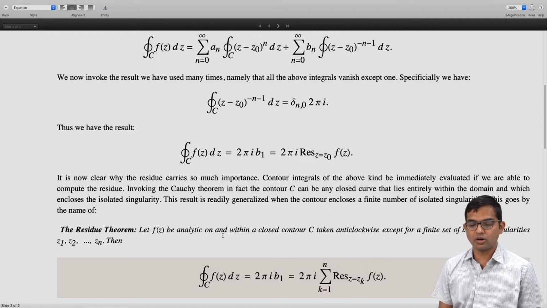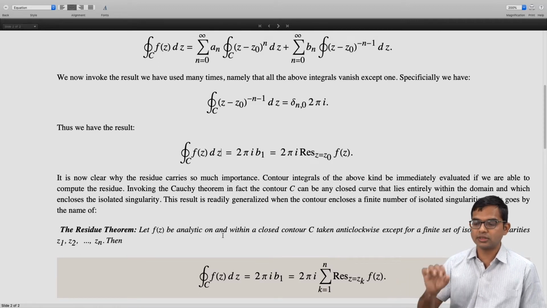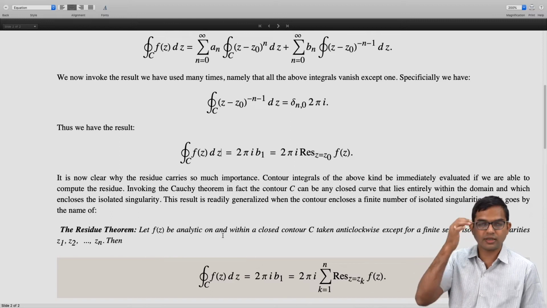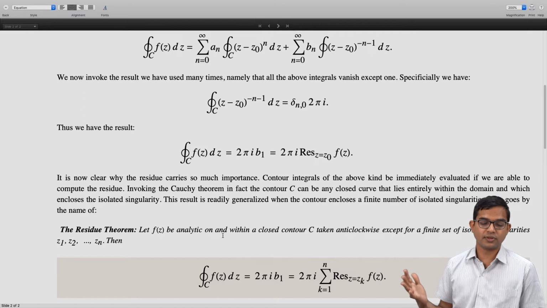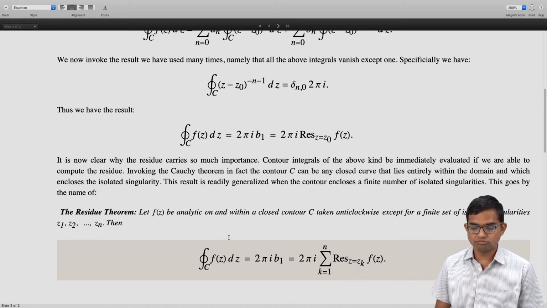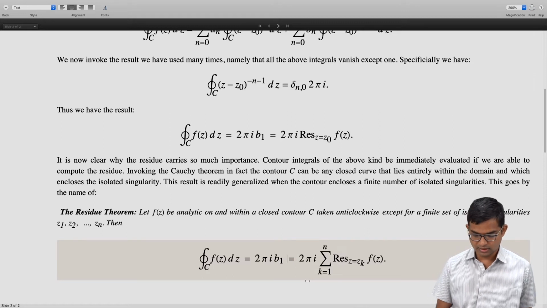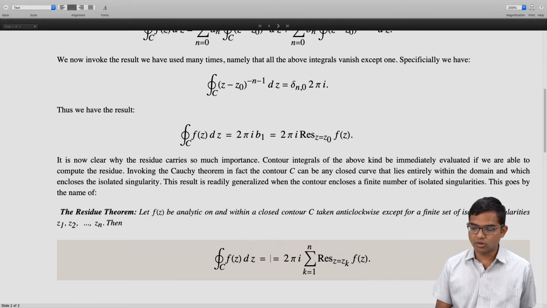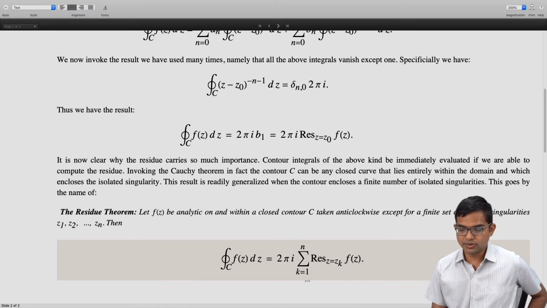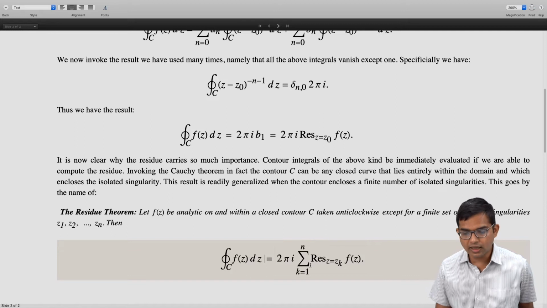If f of z is analytic on and within a closed contour C taken anti-clockwise, except for a finite number of isolated singularities, so basically it's a nice function, analytic except at these points, then the contour integral over C is the summation over all the b_i's, which gives you 2 pi i times the sum over k of the residue of f of z at each of these singularities z equal to z_k.